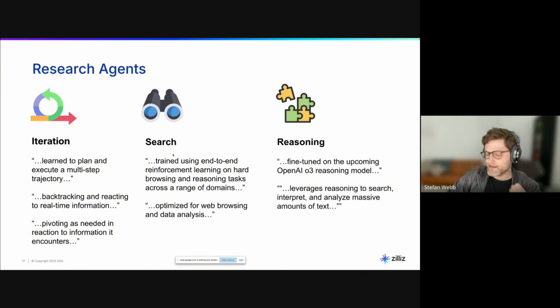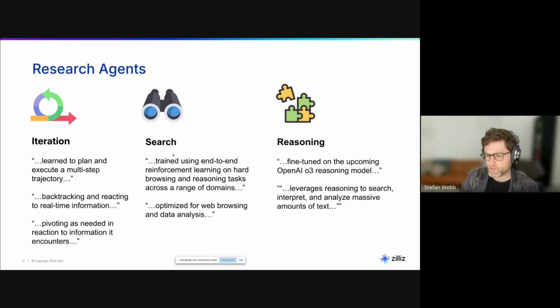Secondly, I think search, and typically web search, is one of the primary tools that the agent uses. That seems like part of a reasonable definition of what a research agent is. For OpenAI, they mention trained using end-to-end reinforcement learning on hard browsing and reasoning tasks across a range of domains, and optimized for web browsing and data analysis.